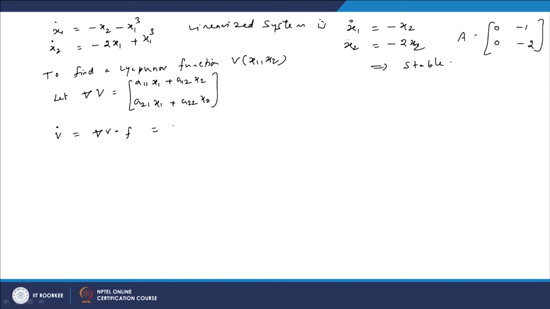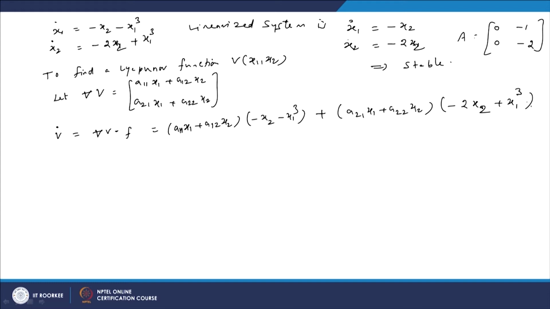So, that is nothing but a11 x1 plus a12 x2, that is the first component, multiplied by the first component of the equation, minus x2 minus x1 cube, plus the second component a21 x1 plus a22 x2, and this f2 is minus 2x2 plus x1 cube.